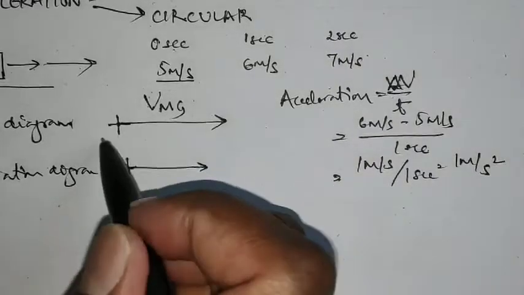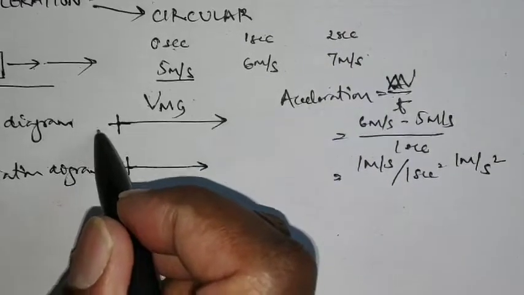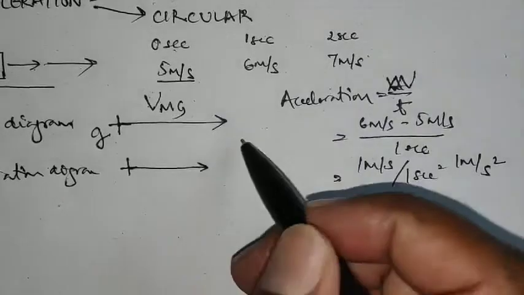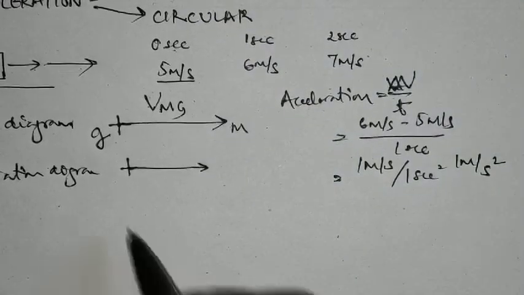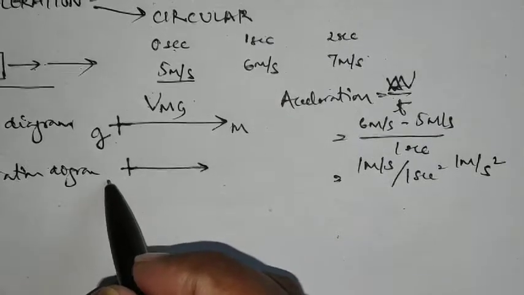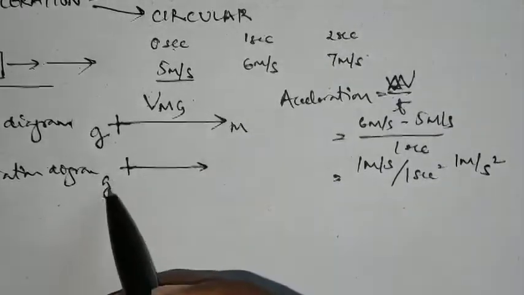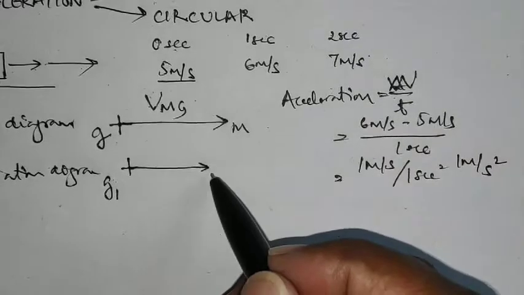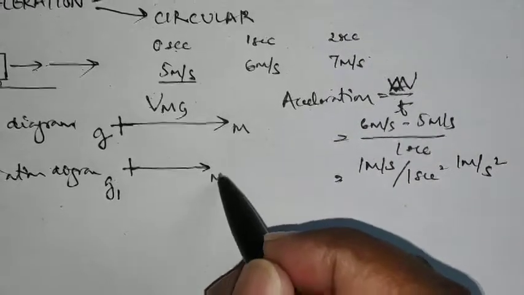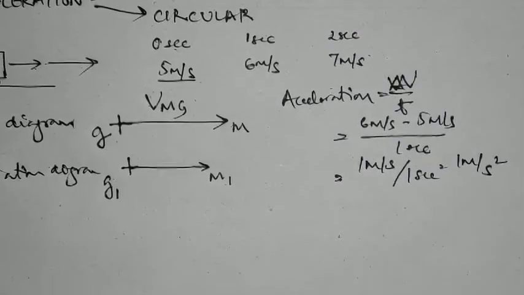In the case of the velocity, it is used with small letters, like ground is g and the velocity of the moving body is m. And in the case of the acceleration diagram, the absolute point which has no velocity is written with g1, and the acceleration of the moving part is written with a suffix 1 like this.